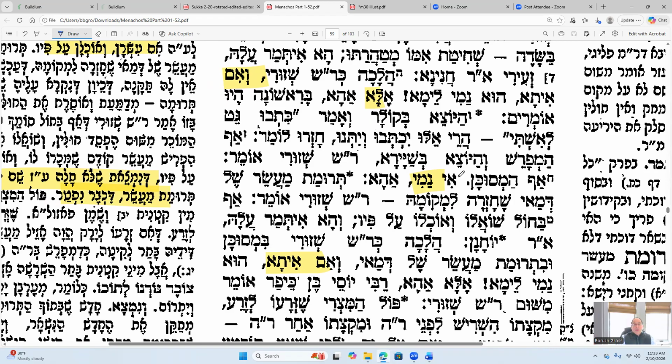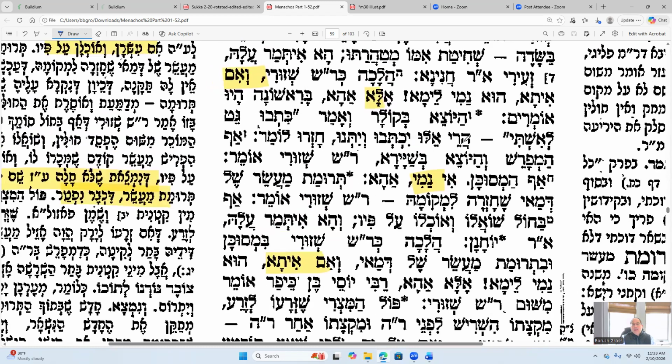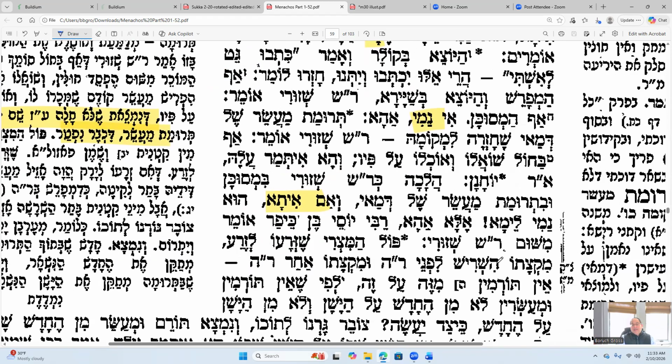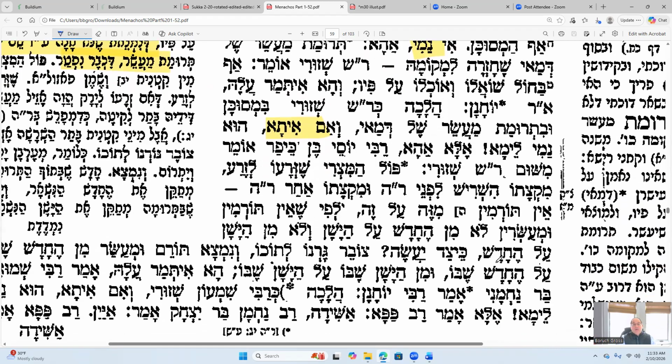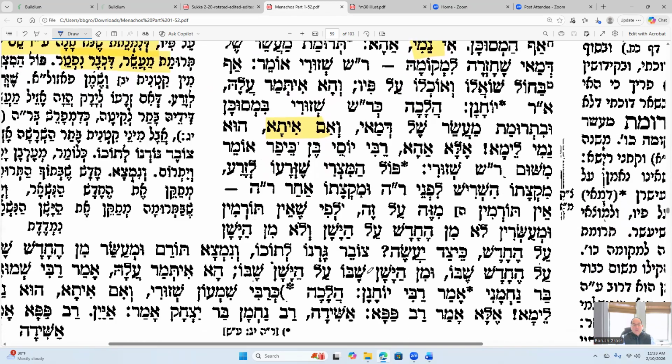So again, what the Gemara is going to say, and we'll stop over here, the halacha, if this is what Ravin said, the halacha is like Rav Shimon Shazuri over here, so then if that was the case, we should have said the same idea.